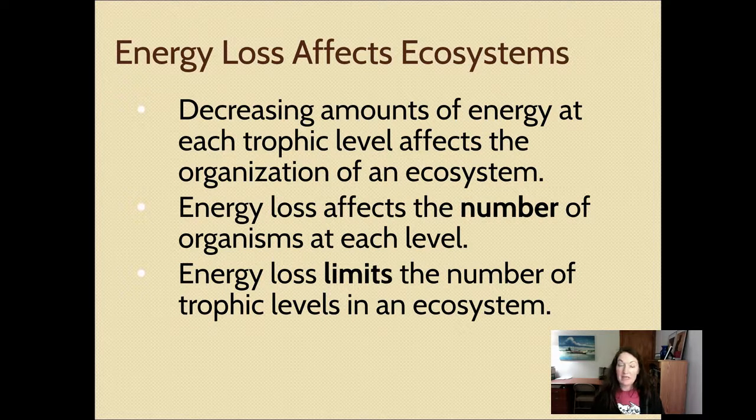So if there is not enough energy, let's say there's not enough producers to create food from sunlight, then you're going to have a lot fewer animals in that ecosystem. This is really common up near the poles, especially where there's not as much sunlight and not as many plants to produce energy. You see a lot less diversity, a lot fewer types of animals and plants in the area.